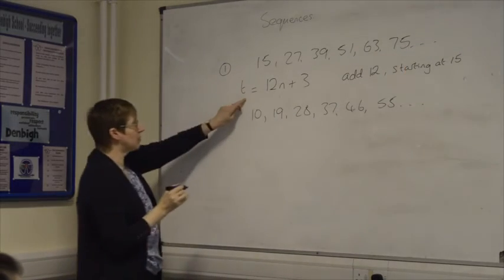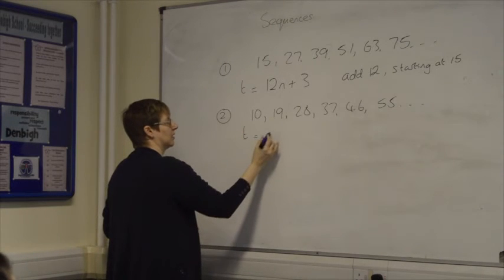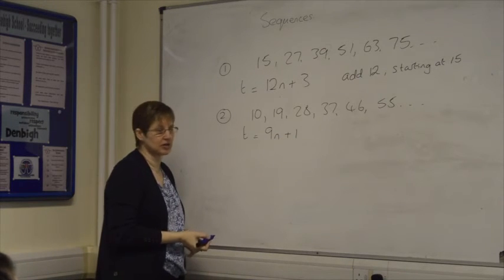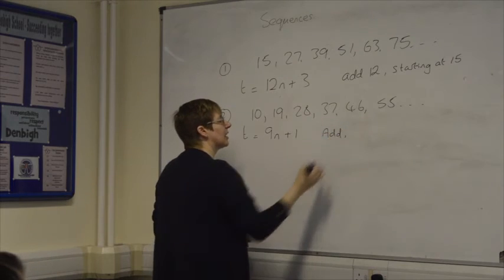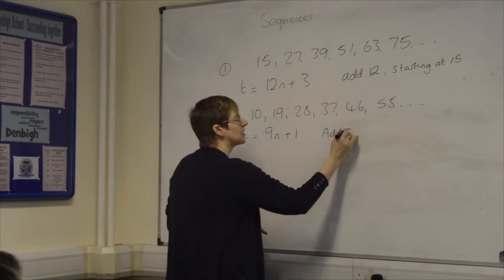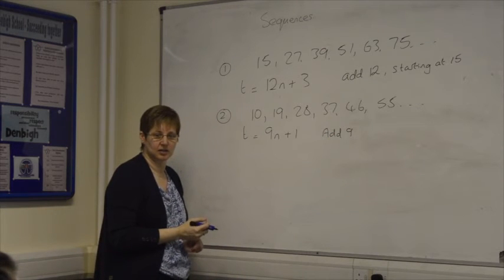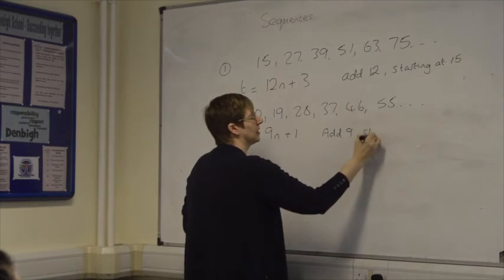And what did you come up with for your formula for that? 9n plus 1. Excellent. And what would your rule be in words? Add 9. And can you extend that rule to make it precisely your sequence rather than any sequence that adds 9? Starting at 10. Excellent. Starting at 10.